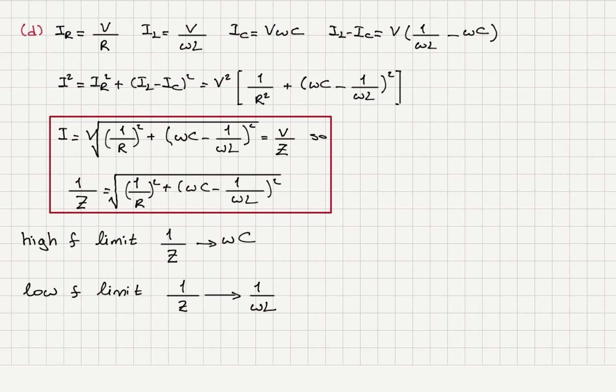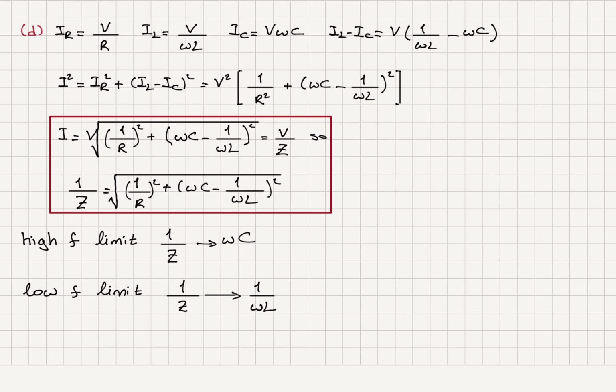So I_L minus I_C magnitudes will be V times (1 over omega L minus omega C). So writing this equation suggested in part C, we obtain V squared times (1 over R squared plus (omega C minus 1 over omega L) squared).